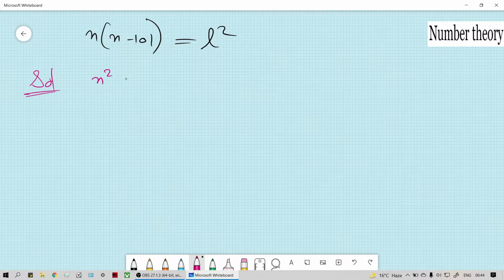First, let's multiply this. Now we'll try to make this a complete square. And how do we do that? We do it this way.